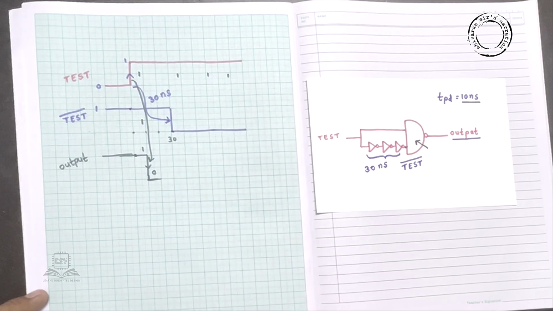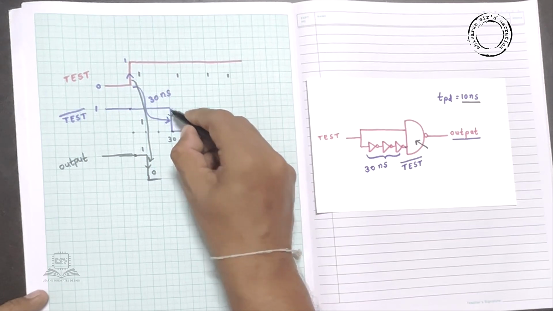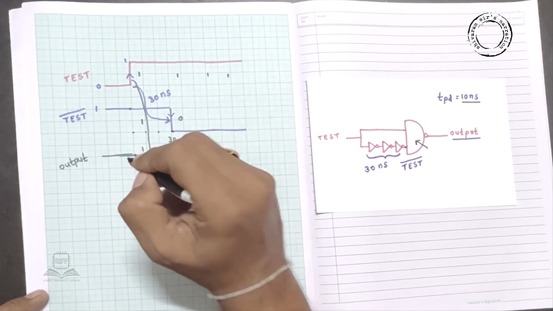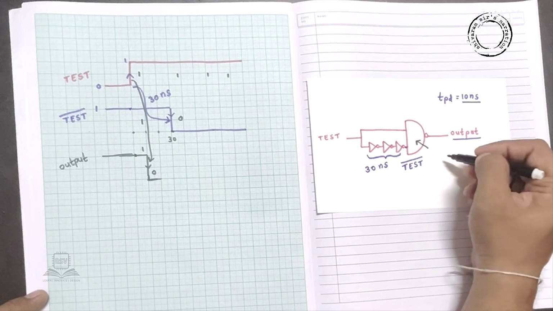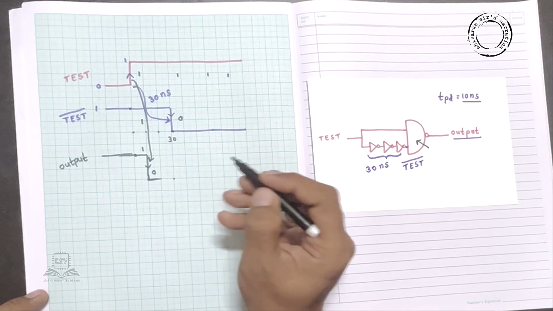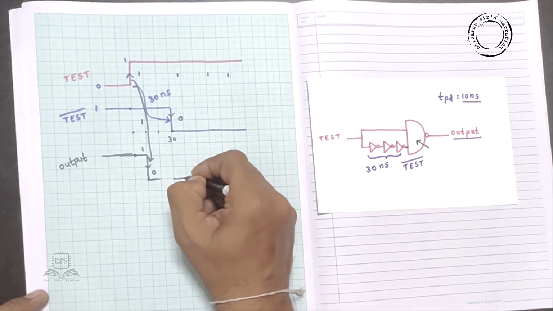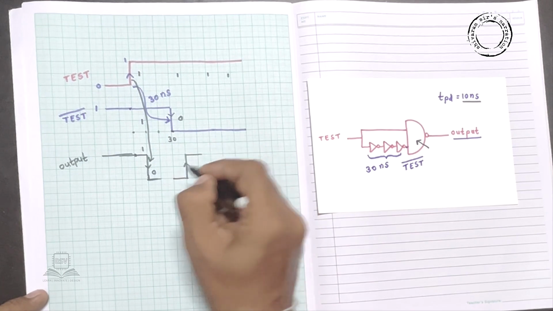At 30 nanoseconds the test bar signal has shifted from logic 1 to logic 0, then 1 NAND 0 is 0 bar 1, we will get output as logic 1, but will you get it immediately? No, it has a propagation delay of 10 nanoseconds, so from here after 10 nanoseconds it is shifted from logic 0 to logic 1.